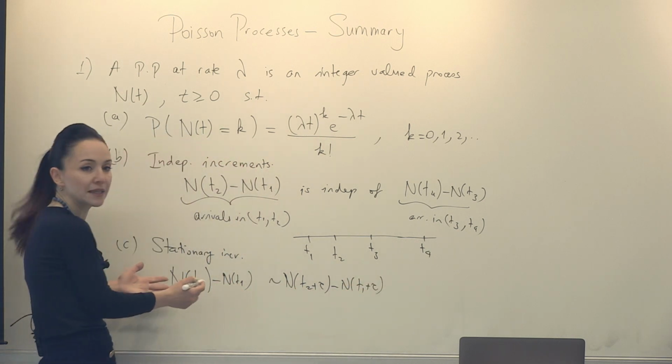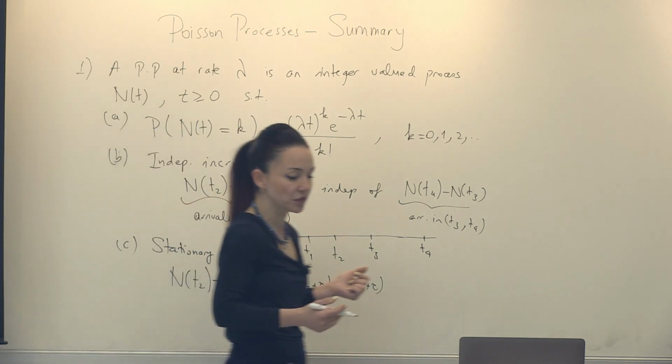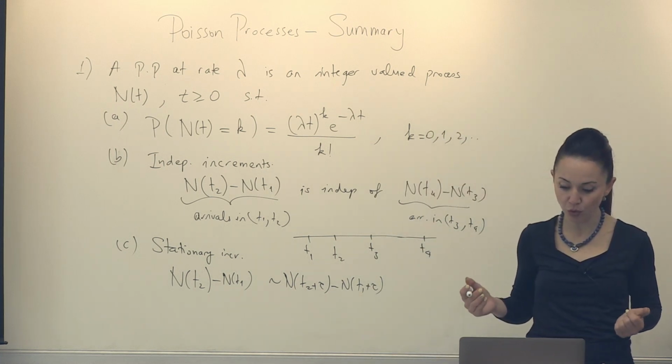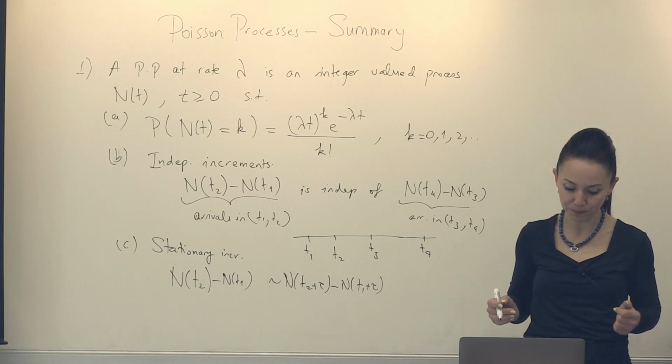Okay, so basically it doesn't matter where the interval is, right? The distribution of the number of arrivals depends only on the size of the time interval.